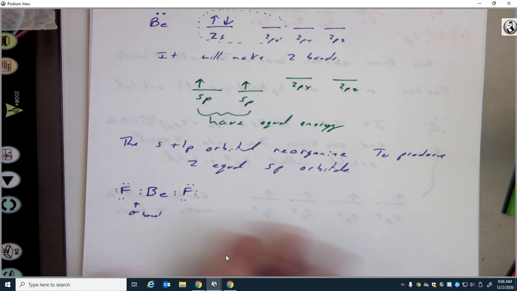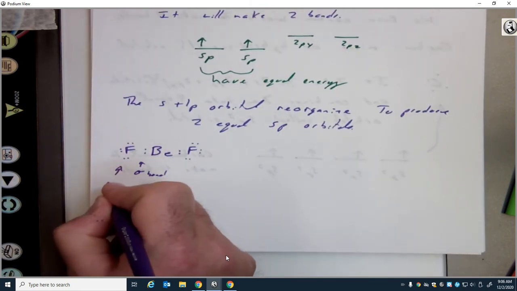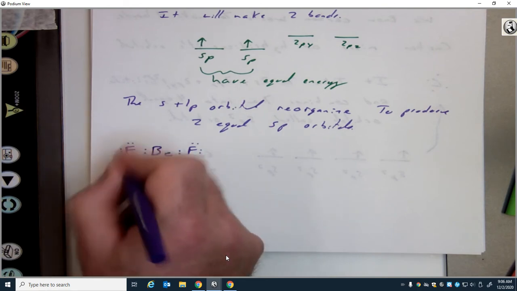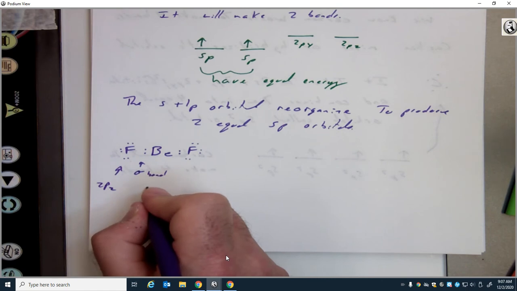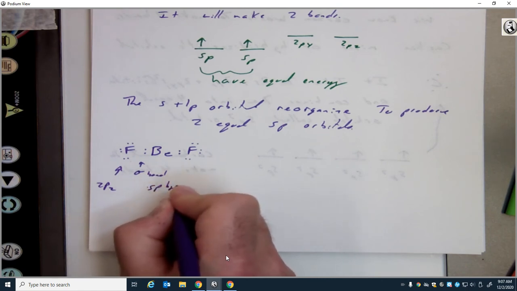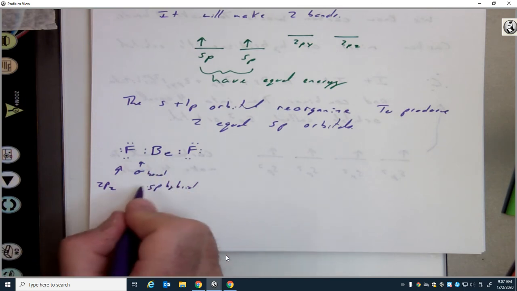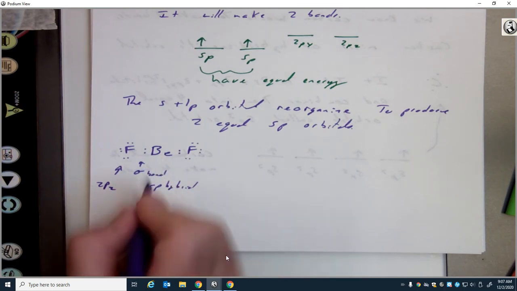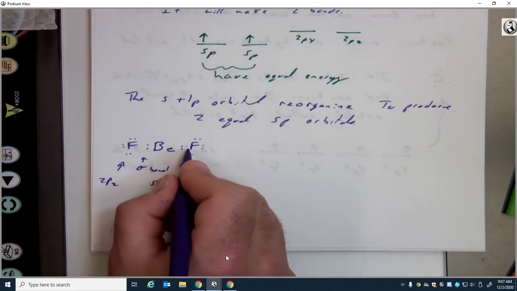And we are overlapping the 2pz orbital from fluorine and an sp hybrid orbital from beryllium. And that's where they're going to be sharing these two electrons. And the same thing would happen on this side.